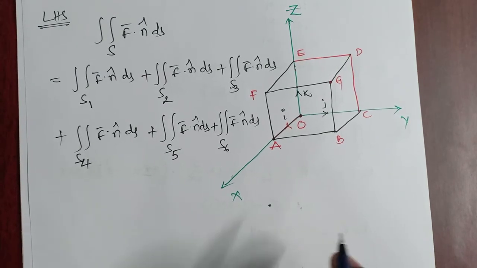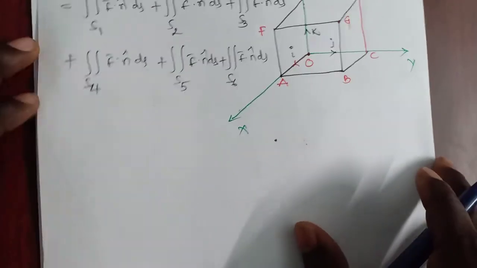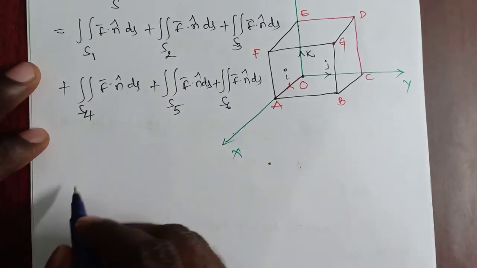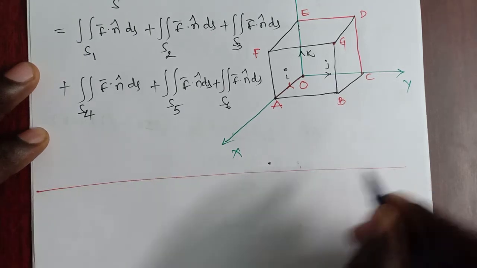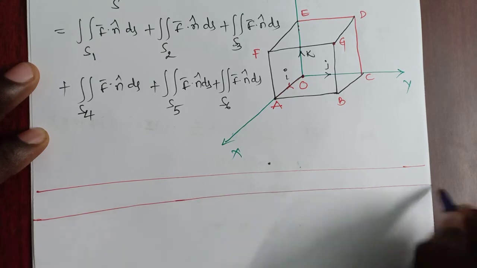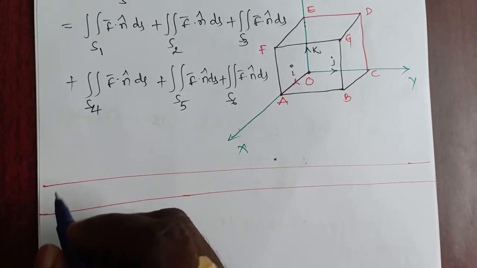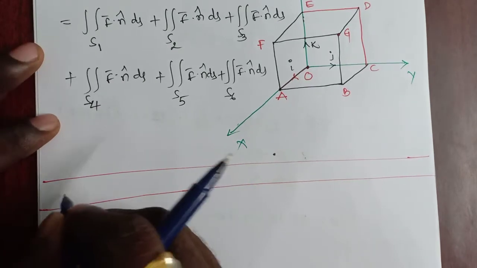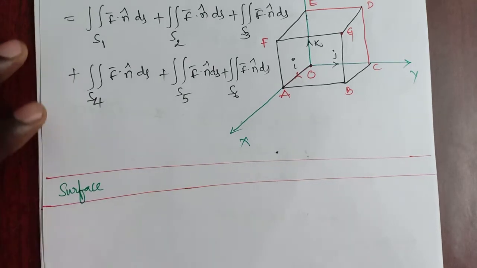Clearly, I can take the surfaces. By using this box, you can easily find. I can draw a box like this. Coming to the first one, the surface.